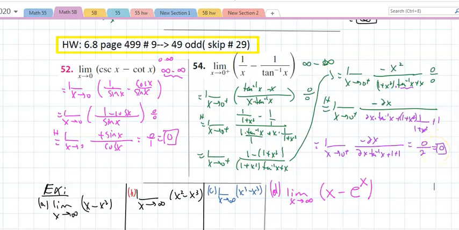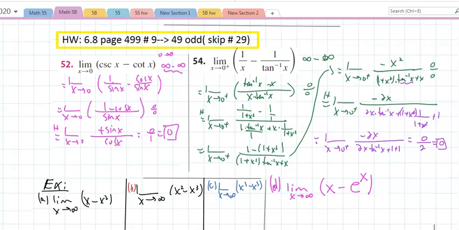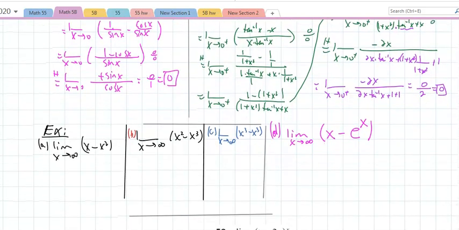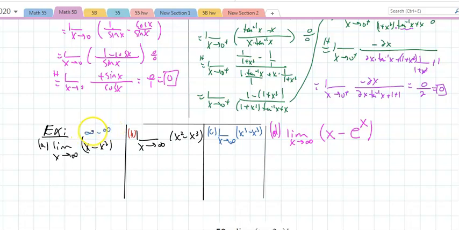So 3 cases in which we're dealing with infinity minus infinity, you guys. The first 2 shed some light on this, so you know we're really getting more comfortable with this. This is infinity minus infinity. When I say infinity, I really don't mean infinity. I mean as x approaches infinity, that value is approaching infinity.